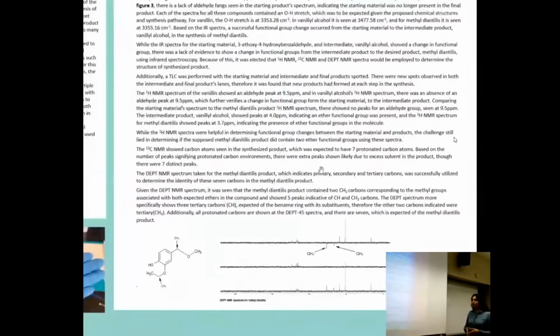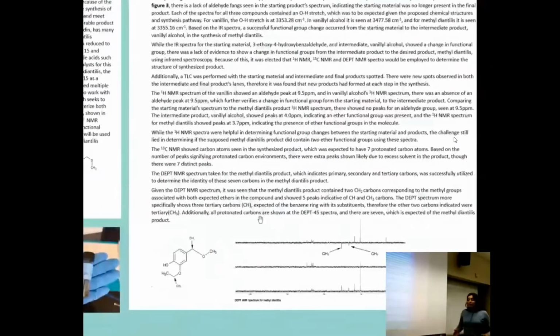The spectrum was pretty noisy. So because of that, I decided to use a depth spectrum. Now a depth spectrum shows primary, secondary, and tertiary protonated carbons. So basically primary means one hydrogen, secondary means there would be two hydrogens, and tertiary means that there would be three hydrogen atoms on that carbon.